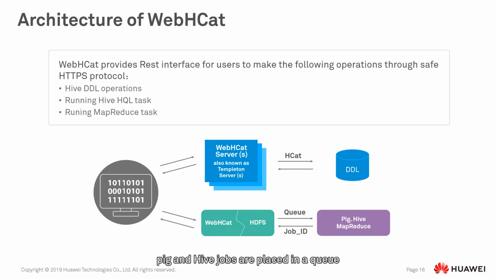MapReduce, Pig, and Hive jobs are placed in a queue by WebHCat servers and can be monitored for progress or stopped as required. Developers specify a location in HDFS into which Pig, Hive, and MapReduce results should be placed. Note that the current version does not support the Pig interface.